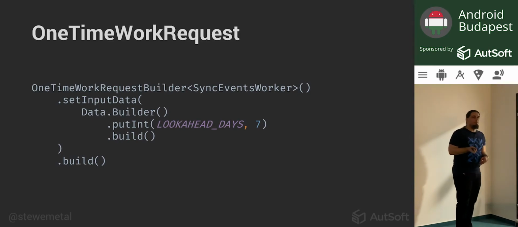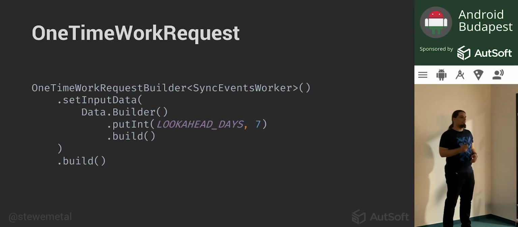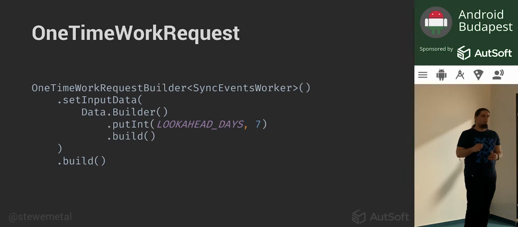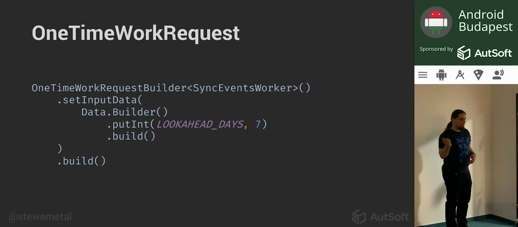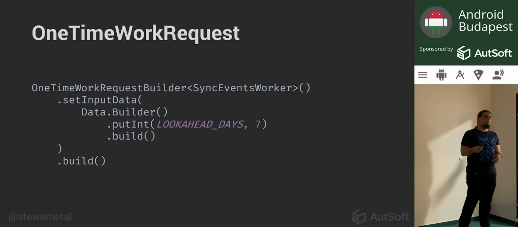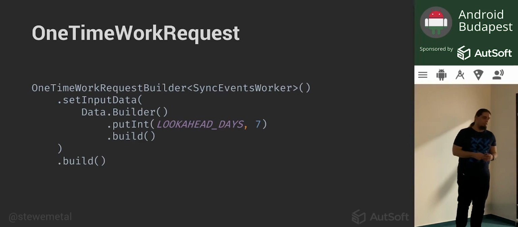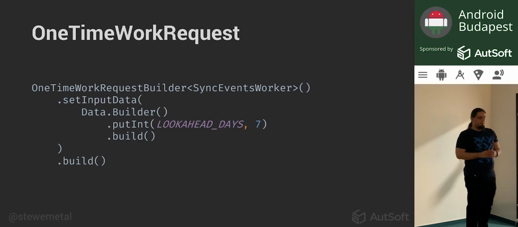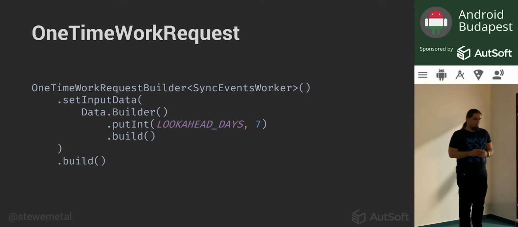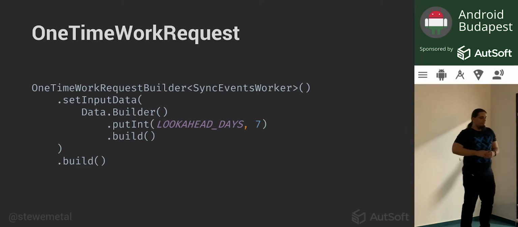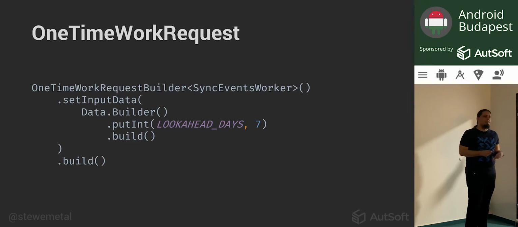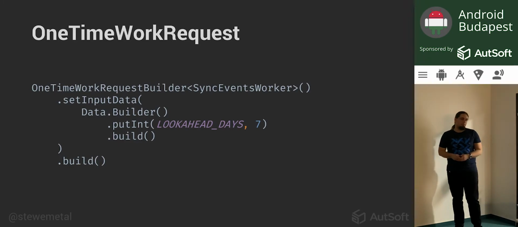And we can also add input data to our works, which actually will be read when the work gets scheduled. For some back reference, this was the worker params we pass into the superclass of our works. With this setInputData method, we can build a data object with a builder again, and this basically works the same as the Bundle we all used to in Android.